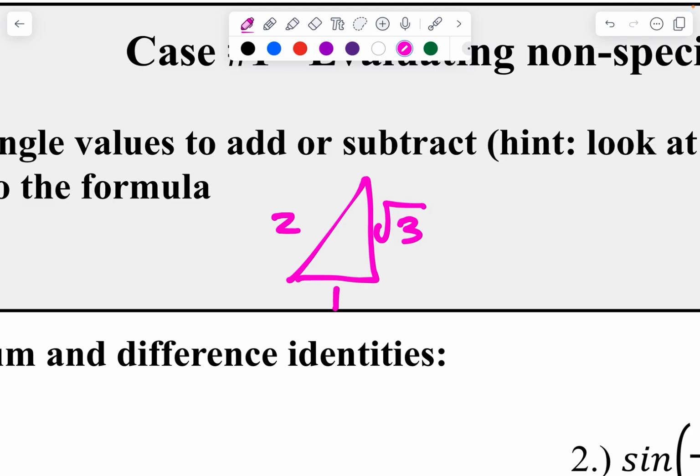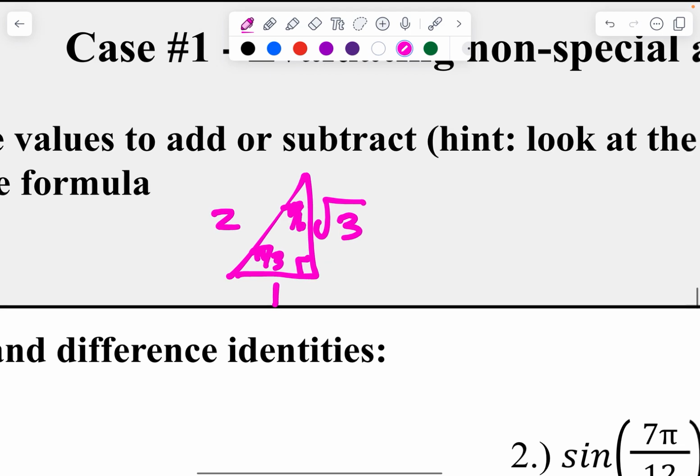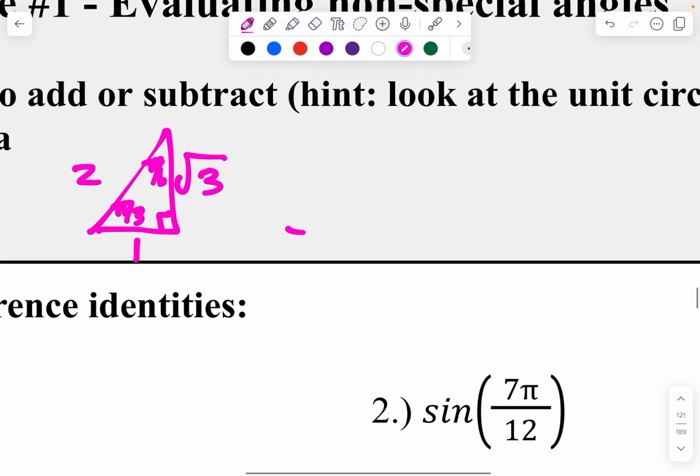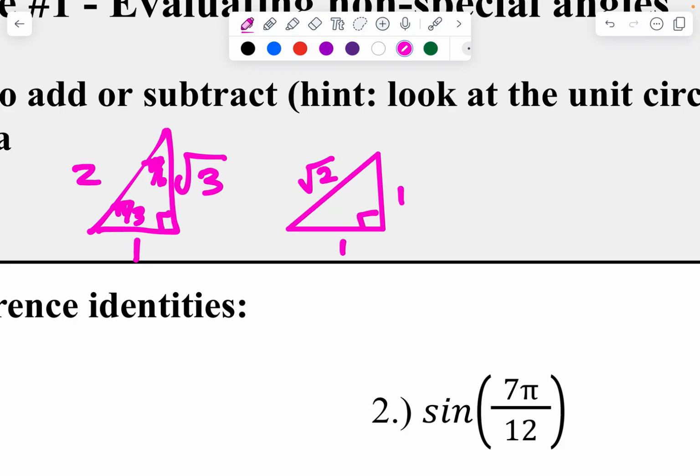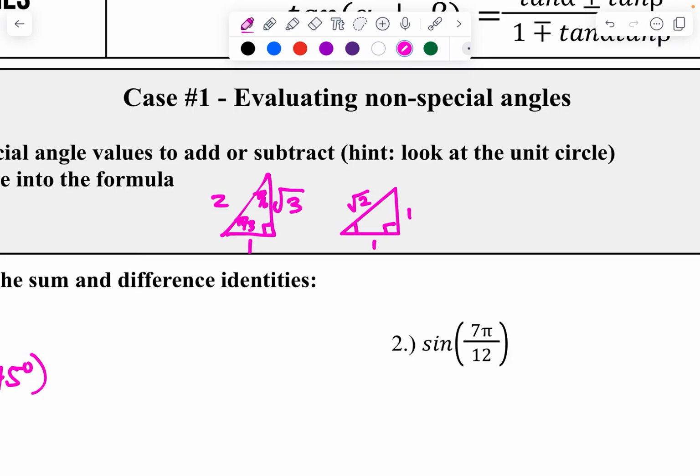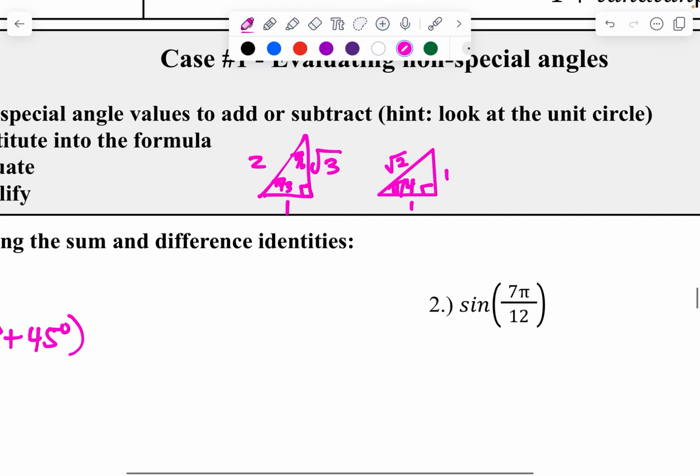So, if I draw my special right triangles for quick reference, pi 6, and then our isosceles right triangle, remember that's pi 4ths for both of those angles, 45 degrees.